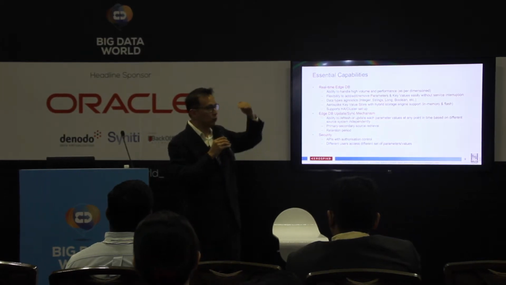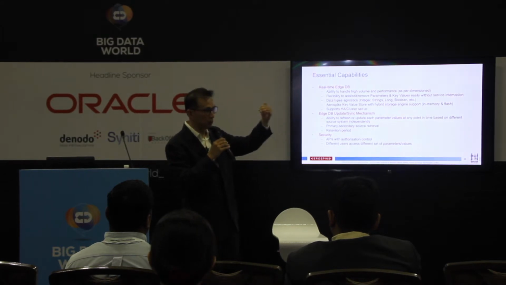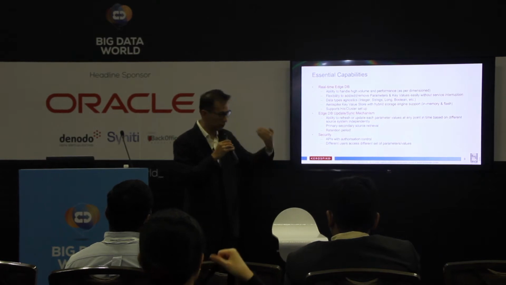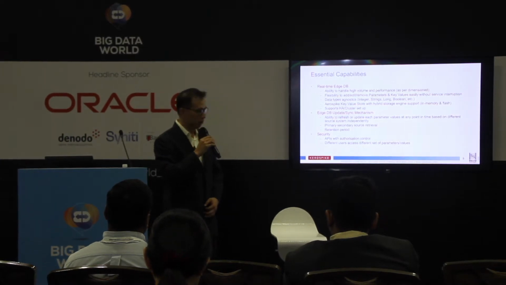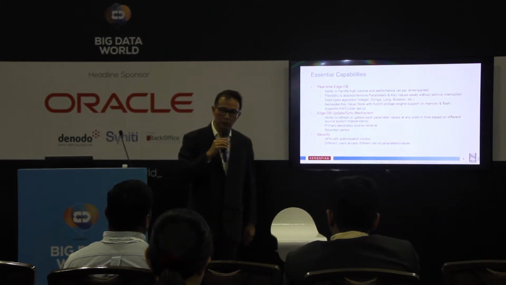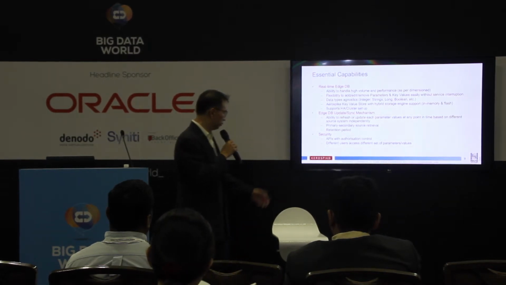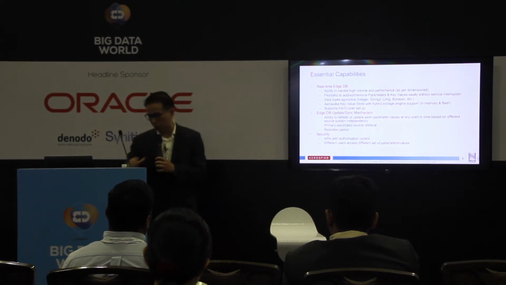So any subsequent query into the data portal will then force the data portal to retrieve the data from the source system. And lastly, security: as I mentioned earlier on, you can have API to implement authorization control and authentication control. And you can set up different users to access different sets of parameters and values.